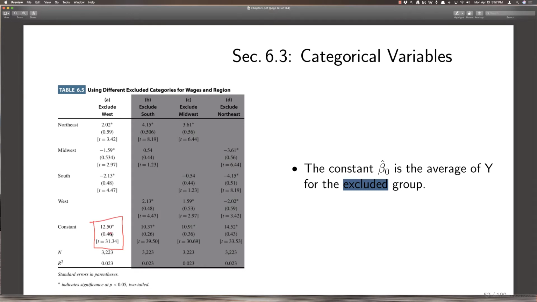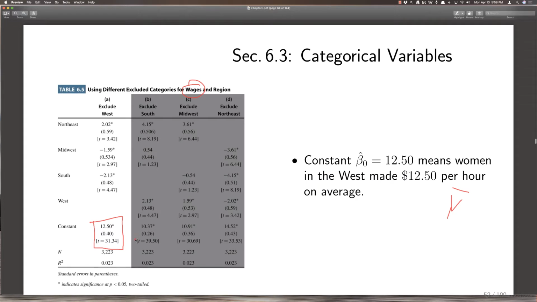This is, and it's very much like the way we interpreted this for the difference in means test, the average value of the dependent variable. So it's the average of Y, or Y bar. It's the average wages for the people in the West. So on average, people in the West make $12.50 an hour, or at least the people in our data set.